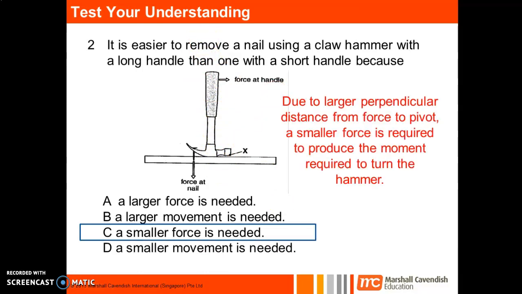Because of the larger perpendicular distance from the force to the pivot, you will require a smaller amount of force. Whether I use a shorter or longer handle, I need the same amount of moment. So if it's a longer distance, I'll need a smaller force.